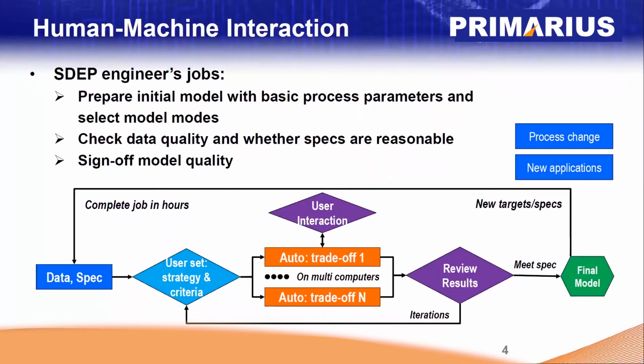Powered by SDEP, model extraction is not a burden for engineers anymore. With SDEP, engineers prepare the initial model with basic process parameters and the model modes they select only. Then they check the data quality and check whether the specs are reasonable or not.